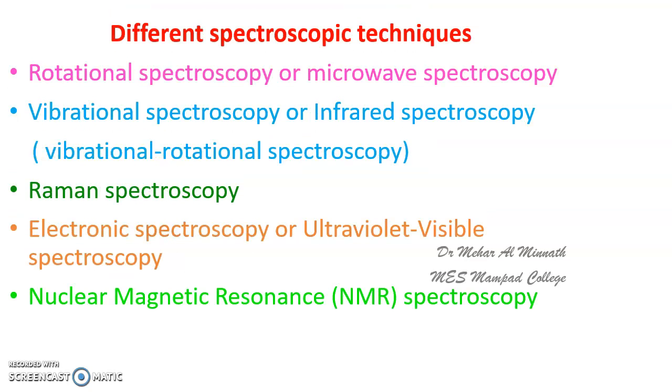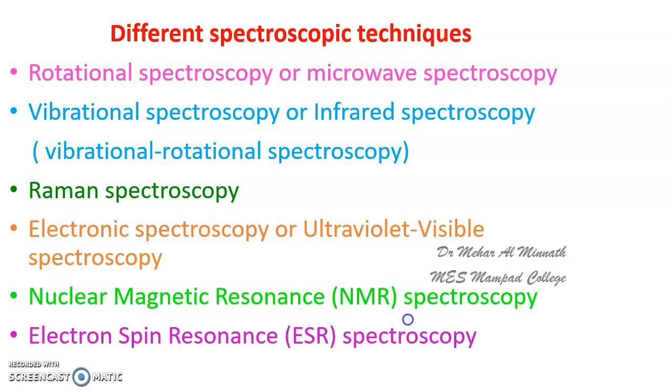The other two spectroscopic techniques are NMR spectroscopy and ESR spectroscopy. In these two techniques, the sample is placed in a magnetic field and its changes are studied.